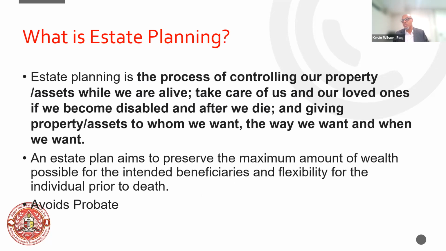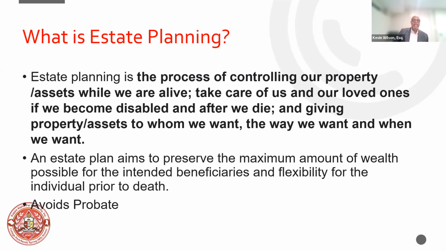First, we're starting with, so what is estate planning? Estate planning is the process of planning to control our property and assets while we are alive. It's also to take care of us, our loved ones, if we become disabled, and after we pass on. It's also planning to give what we have to whom we want, the way we want, and when we want to.